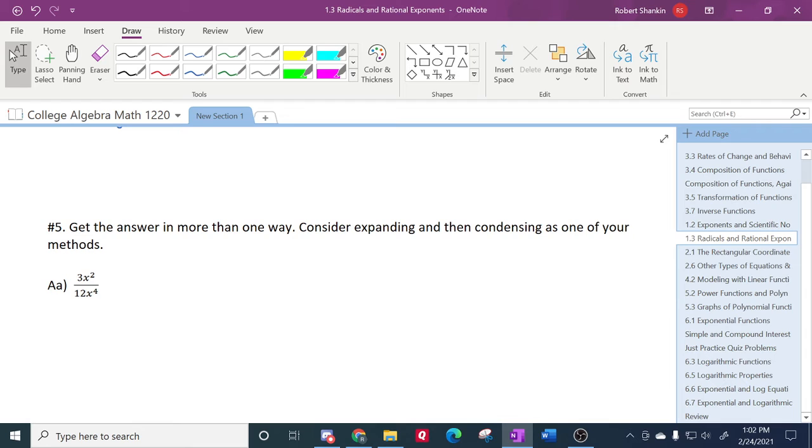Okay, 30 seconds more. All right, so one way I can do is expand out.